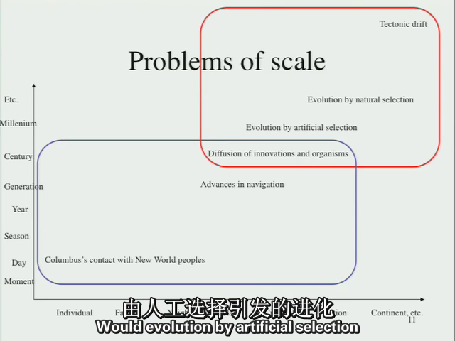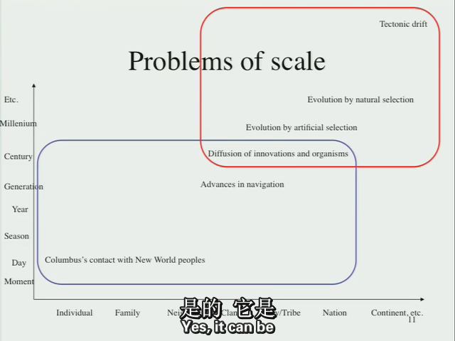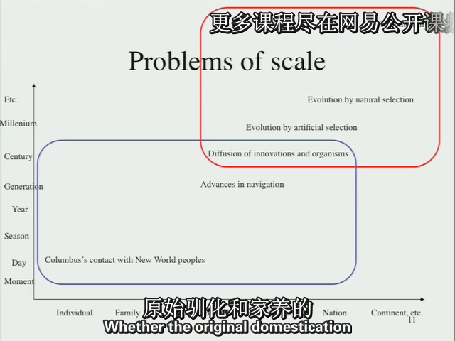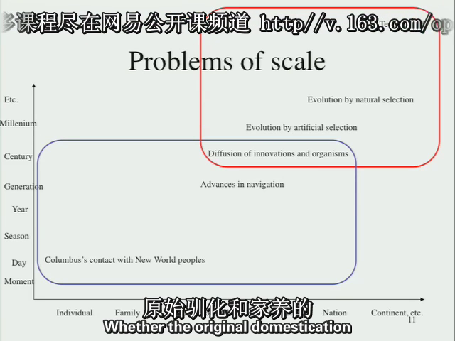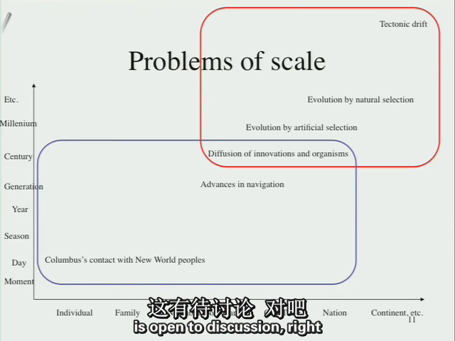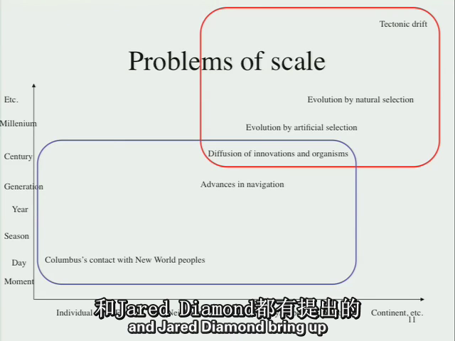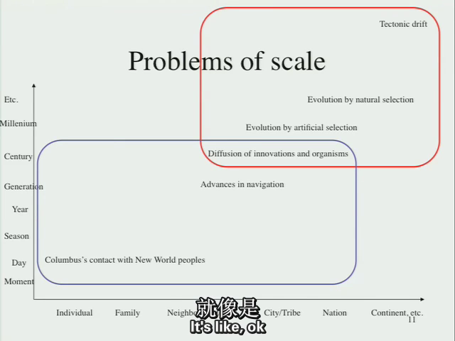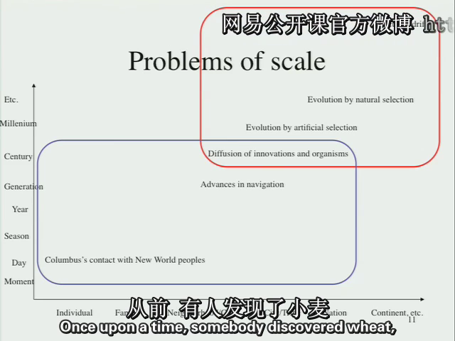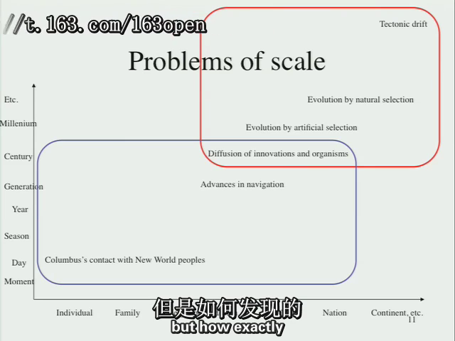Would evolution by artificial selection be a human phenomenon? Yes, it can be. Clearly, it can be. Whether the original domestication of plants and animals belongs there is open to discussion, right? And this is something that both Crosby and Jared Diamond bring up. It's like, okay, once upon a time, somebody discovered wheat. But how exactly?